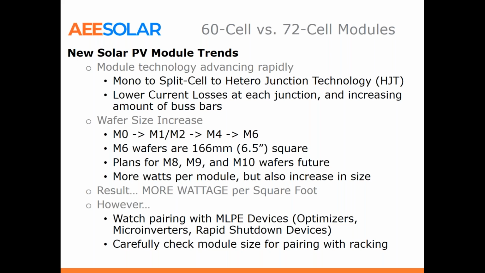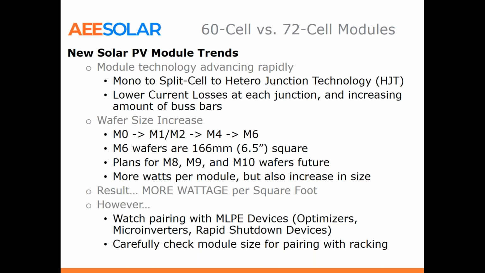As module companies try to offer higher wattage panels, we're seeing them split to mono. We've seen polycrystalline basically disappear in the US market, moving to split cell mono, and also panels using HJT technology to drastically increase the wattage on the current offerings.